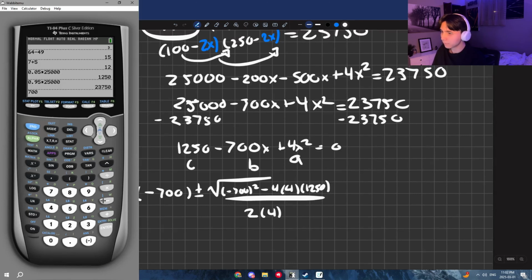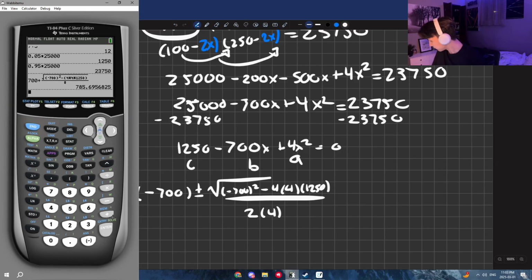So we have 700 plus the square root of negative 700 squared minus 4 times 1250 all over 8. Sorry guys, you should include the 700 in the fraction here.